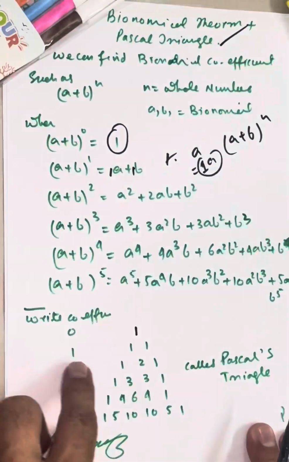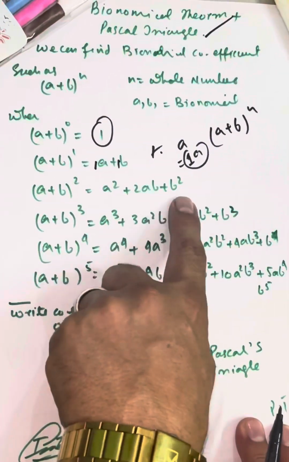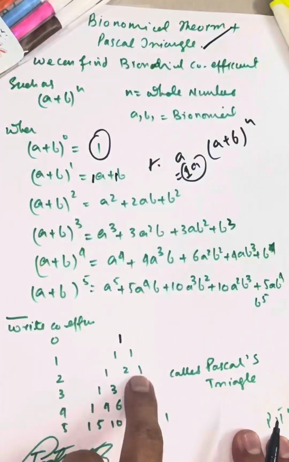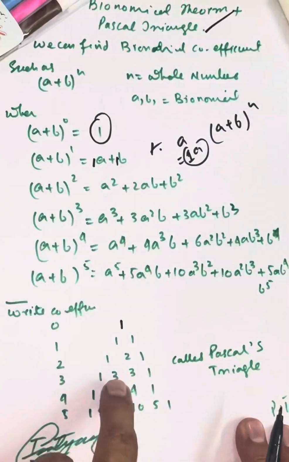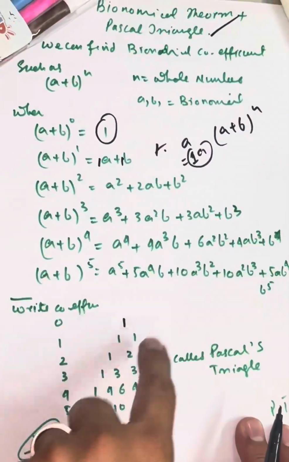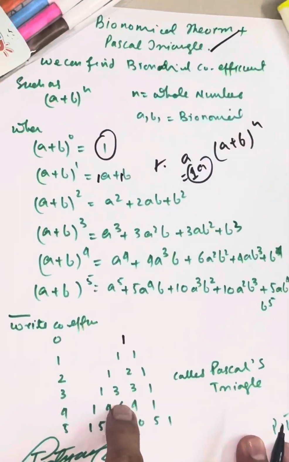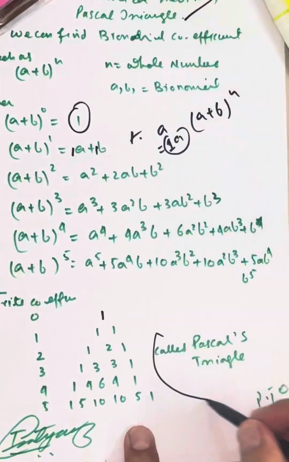So a plus b is 1 1, a squared plus 2ab plus b squared is 1, 2, 1. Similarly in the cube, we got 1, 3, 3, 1. Similarly in this, we got 1, 4, 6, 4, 1. When you see the coefficients, it's called Pascal's triangle.